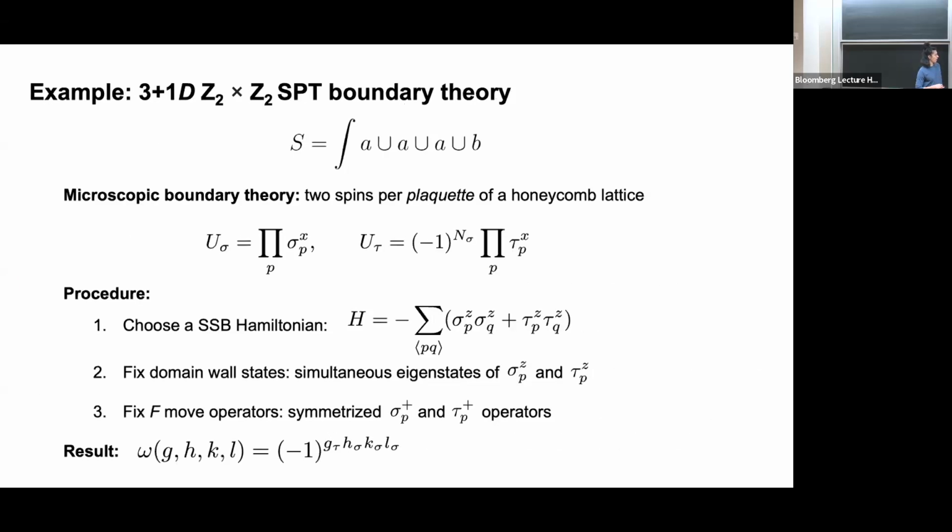And what we find is that the cocycle we obtain is indeed the one we expect. It indeed describes the SPT phase with this particular action. So this is a very simple example of this procedure in action.